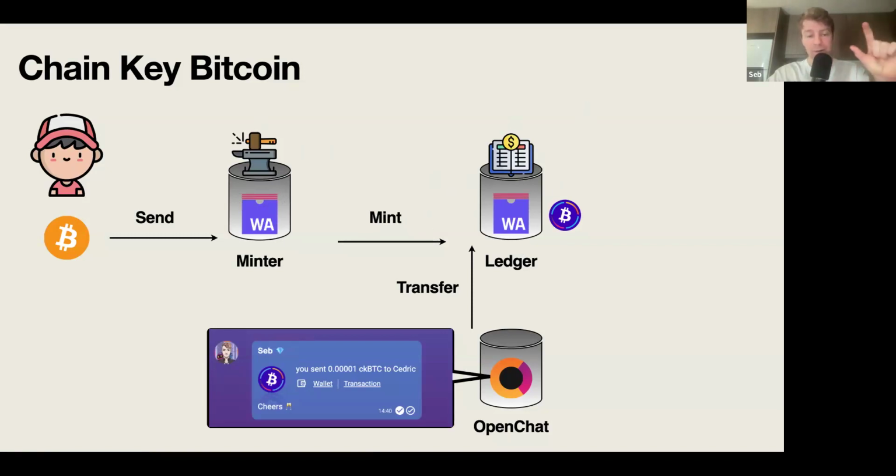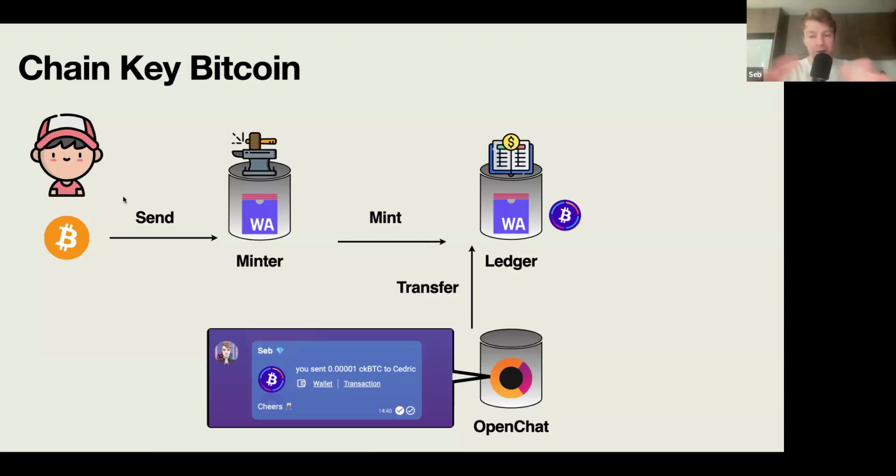The minter canister has only one function. This function is to receive real Bitcoin and to store those real Bitcoin. So there is a wallet on the Bitcoin network that we don't see here, but essentially it's controlled by this canister. When you send real Bitcoin, the minter will verify that you have sent them. And after a few moments, once the transaction is confirmed, the minter will send a request to the ledger to mint some tokens and give you some chain key Bitcoin.